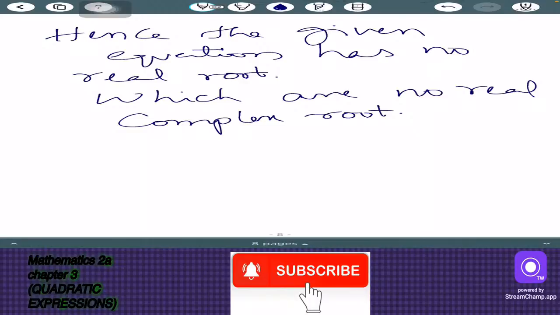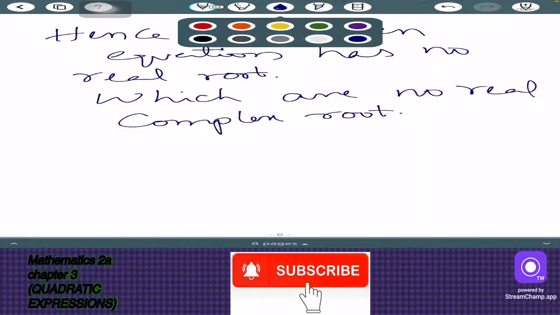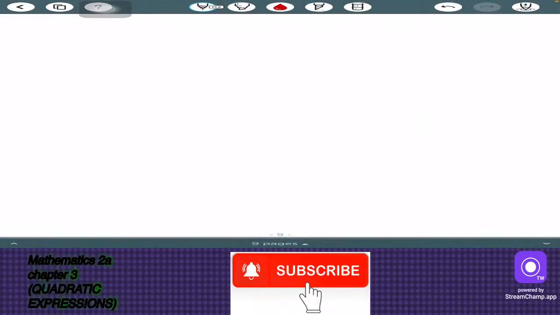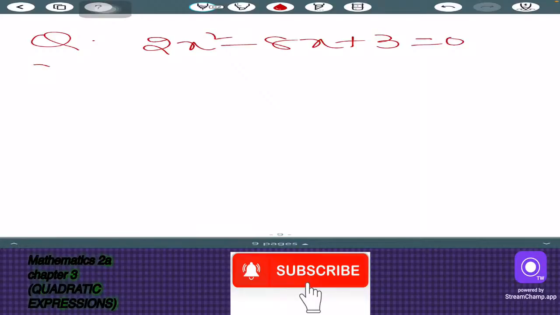The question over here, just go through it. I need you to find the answers using the concept of discriminant only. The question is 2x square minus 8x plus 3 is equal to 0. Please go through the solution, I need the answer.